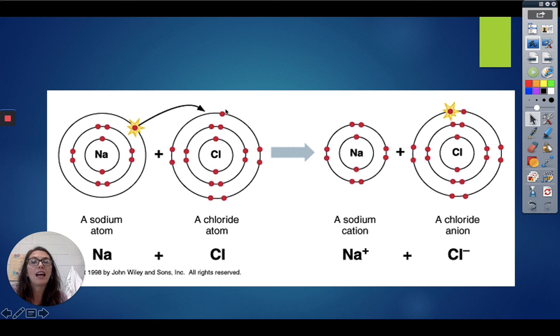Chlorine now has 8 in its third energy level, so it's happy. And then we know that when sodium loses that electron, it becomes positive. Chlorine, when it gained it, became negative, and so now they are attracted to each other because of those opposite charges. Okay, so this is an ionic bond.